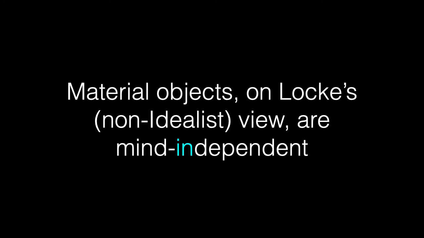For the non-idealist, meaning for someone who doesn't deny the existence of external material objects, as Locke did, things outside the mind are mind independent, meaning they are not supposed to disappear if no one is there to think about them. They are supposed not to be reliant on minds for their existence.